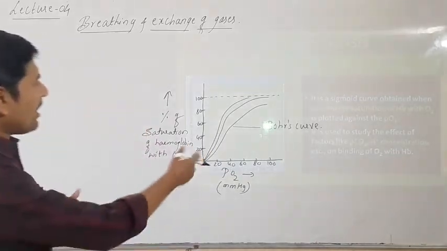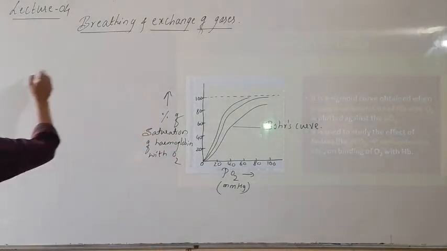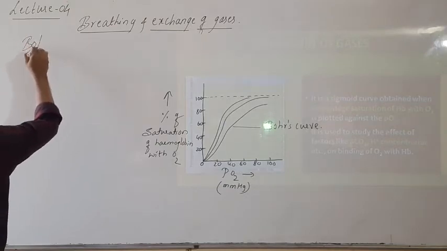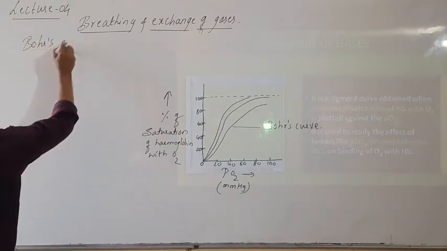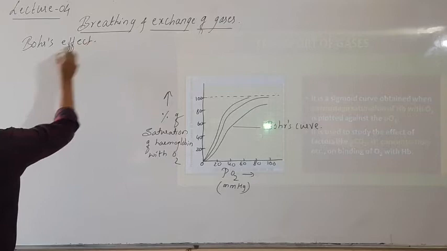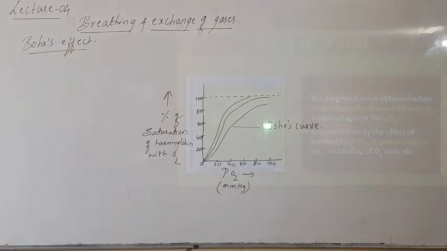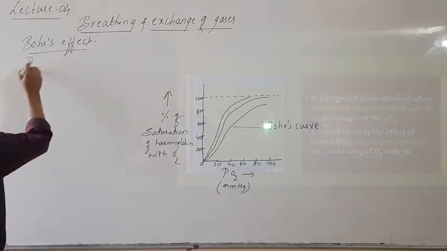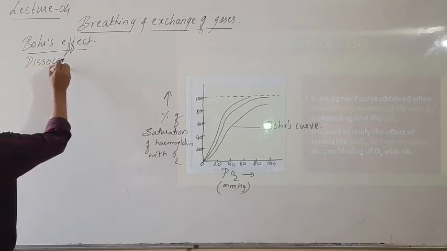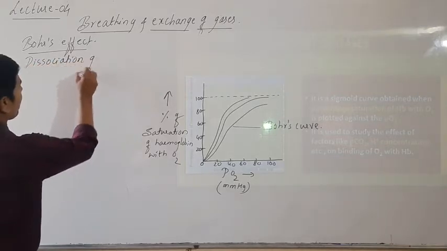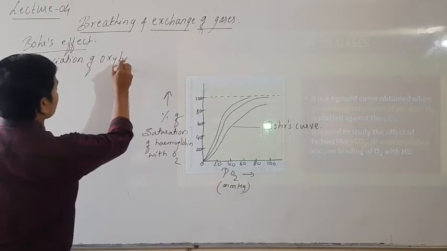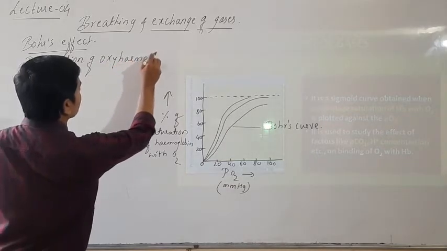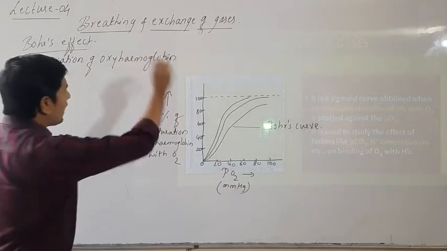Then how can we define the Bohr's curve? We also call it the Bohr's effect, and in this what we can say is dissociation of oxyhemoglobin.